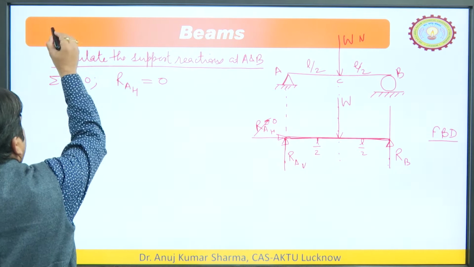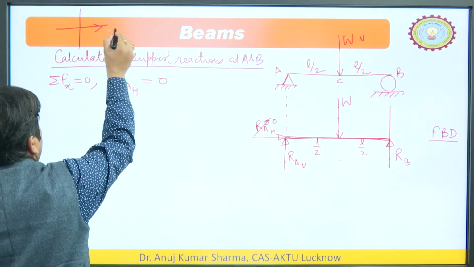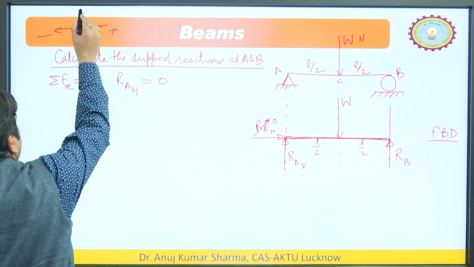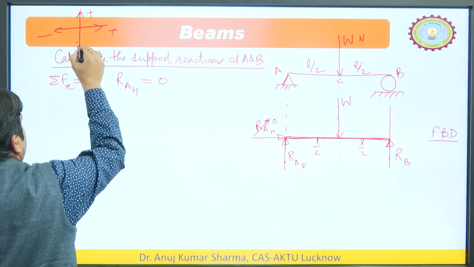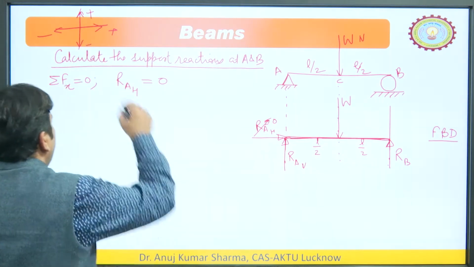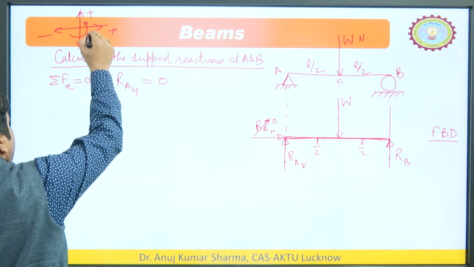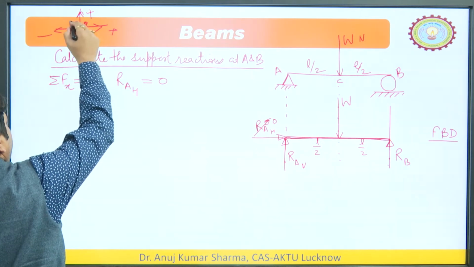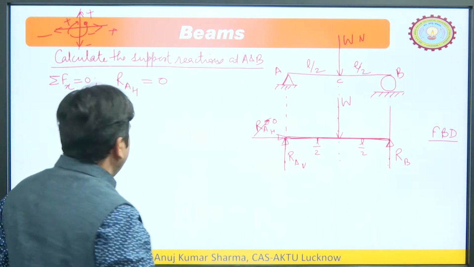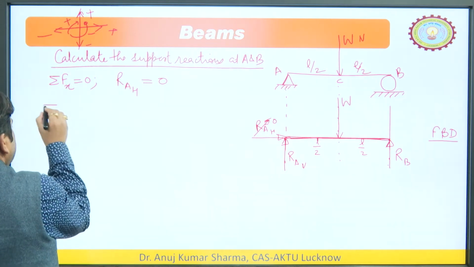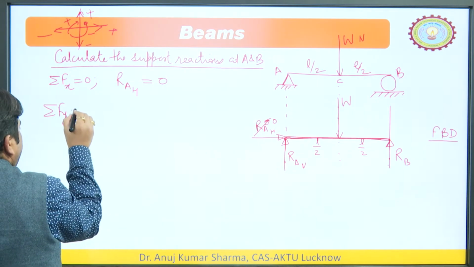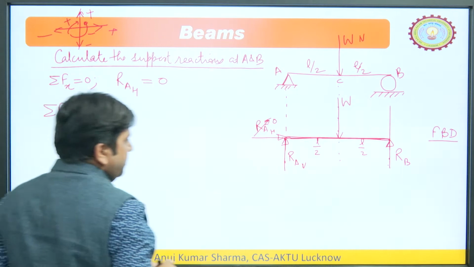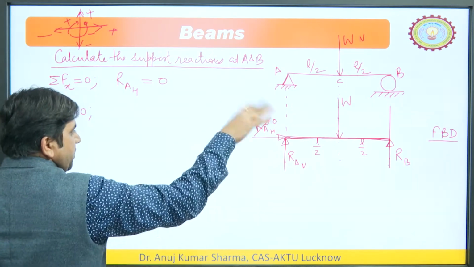We have taken the standard sign convention: this side positive, this side negative, y upward positive, y downward negative. Clockwise movement you can take positive, anti-clockwise negative. This is the standard notation. Now sigma F y, the second equation, applied on this beam.